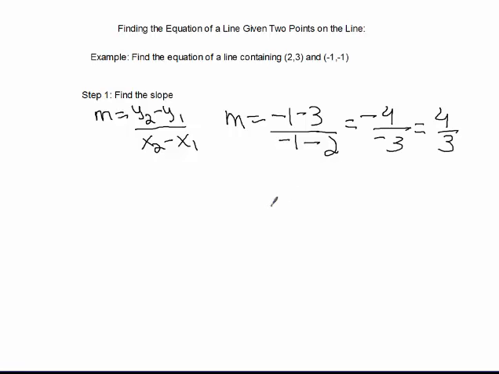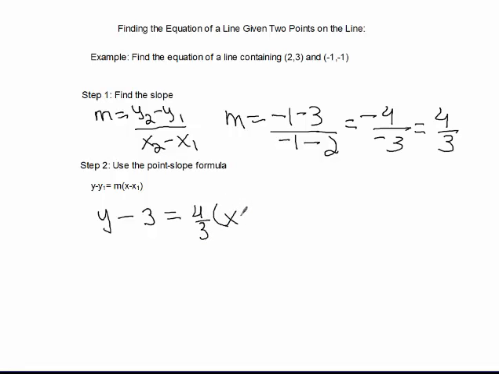So now I have the slope, and of course I had more than one point. When I plug it into this point slope, you can choose any of the 2 points, and I'll go with the first one just because it's first, but you could have used this one. So y minus the y coordinate, which is 3, is equal to my slope, 4 over 3, times x minus the x coordinate, which is 2.